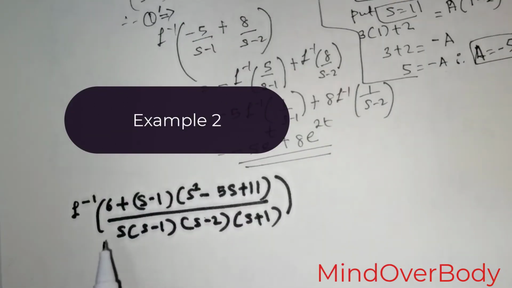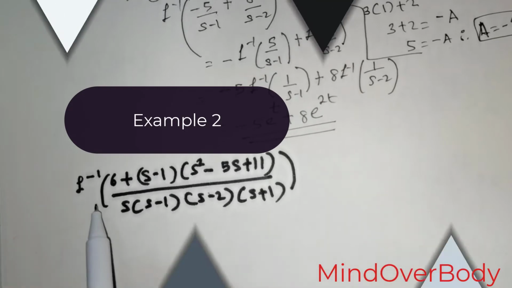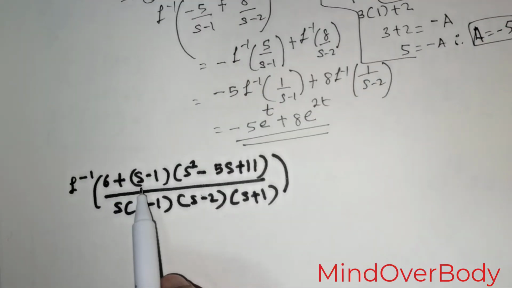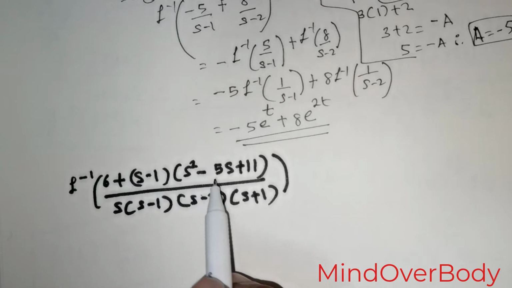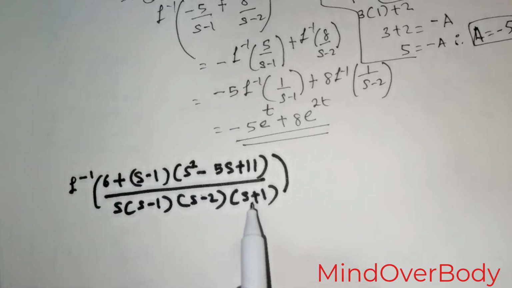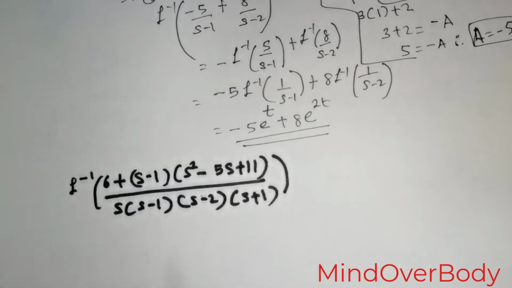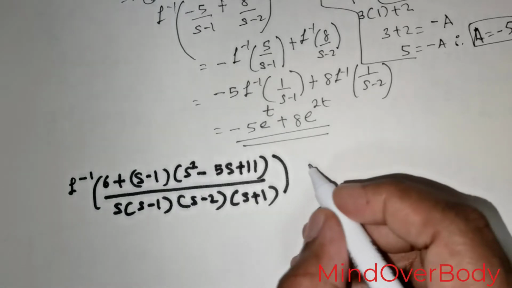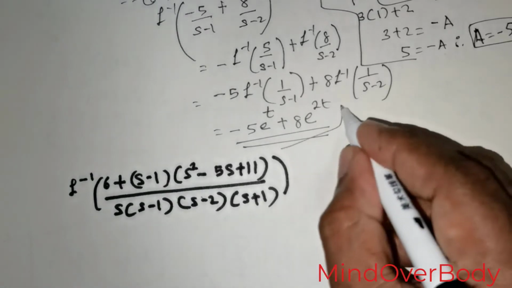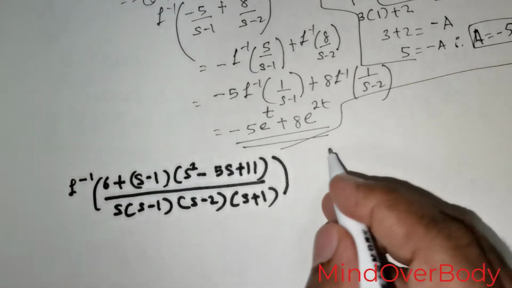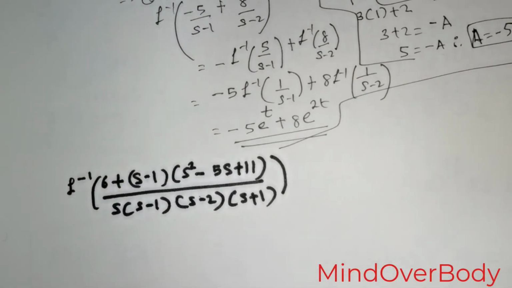Students, we are given this question to find the Laplace inverse of (6 + (s - 1)(s squared - 5s + 11)) divided by s times (s - 1) times (s - 2) times (s + 1). First I would have to use partial fractions. As you are aware, all of these questions would be using partial fractions to solve.